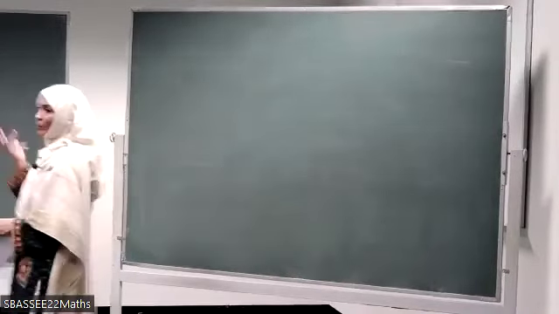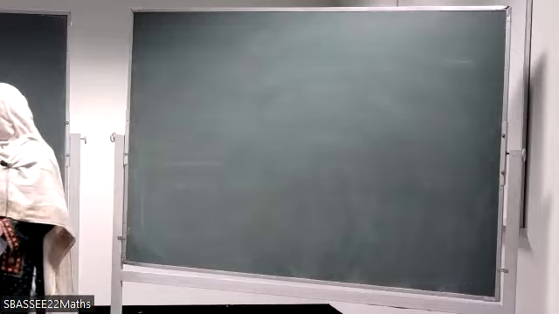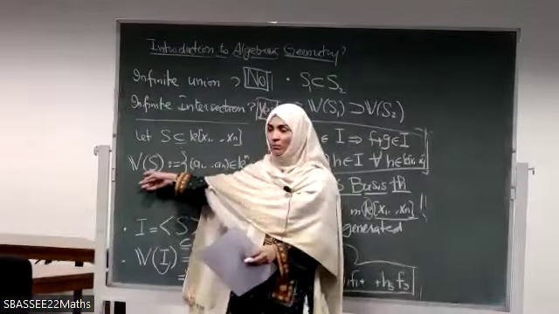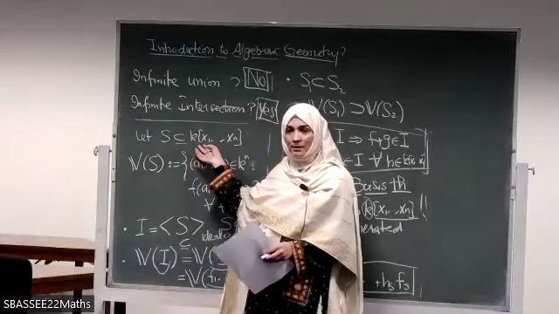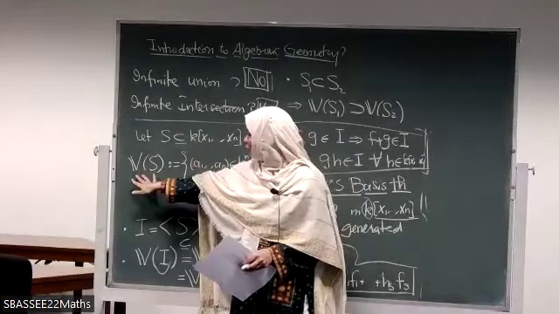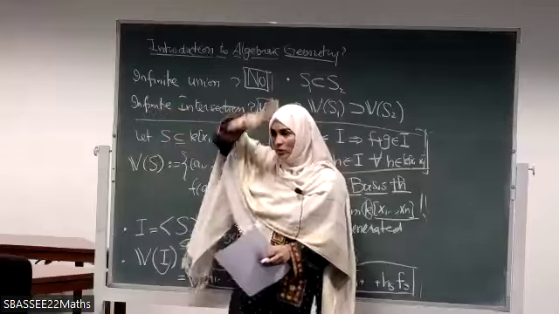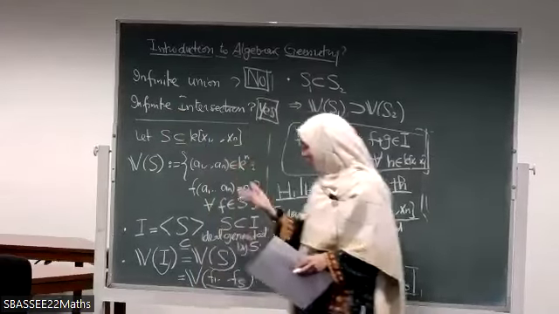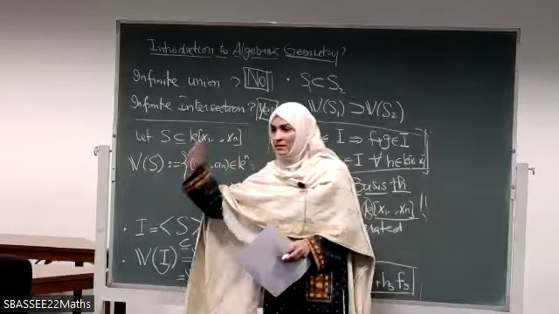So now you can see what we have done so far. We pick an arbitrary set of polynomials and associate to it a set which we call the zero set of those polynomials. Actually, this set is defined by this ideal.